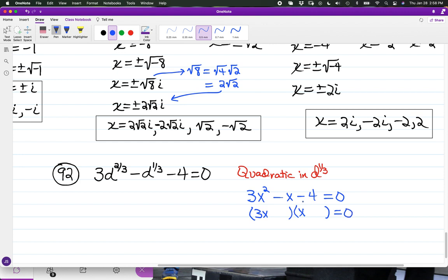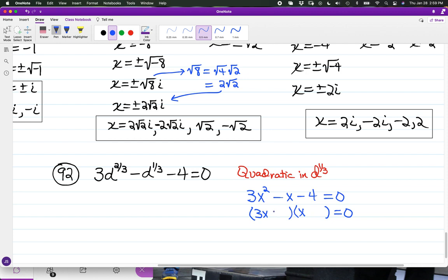And then for the factors of negative 4, there has to be a right combination, whether it's plus 1 minus 4, plus 4 minus 1, plus 2 minus 2, minus 2 plus 2, where the outside and the inside products in the FOIL will add up to minus 1x.